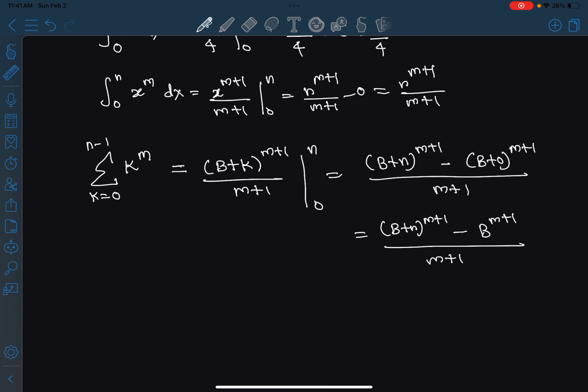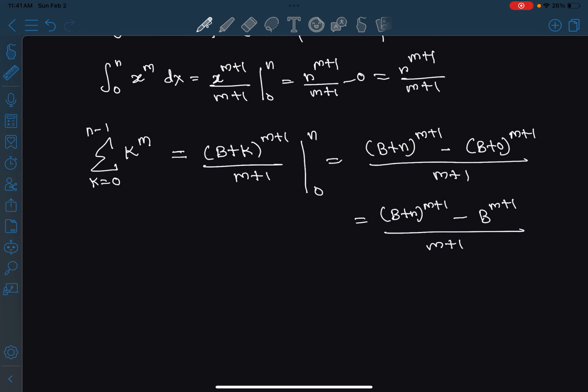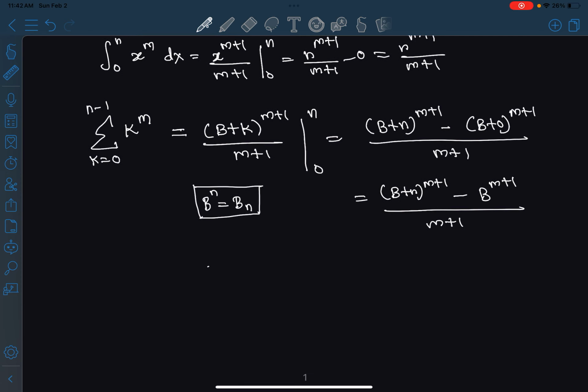So again, now let us expand this B plus n to the power m plus 1. I will tell you later on. And while expanding, we will just assume that B to the power n will just be our nth Bernoulli number. If we do that, what we get over here, the first one will give us the following sum. So B to the power m plus 1, this will have m plus 1 choose 0.